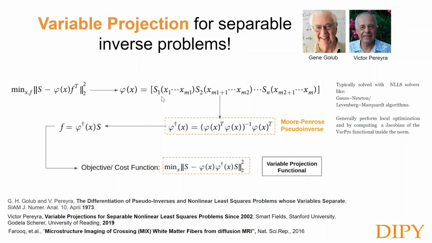But for IVIM, let's say you had S1 and S2, the two compartments. You would compute a Moore-Penrose pseudo-inverse like you do for linear regression. And then using the pseudo-inverse, you estimate the F first, okay? You project that particular part of the equation onto the signal, and you use that to then minimize the objective cost function.